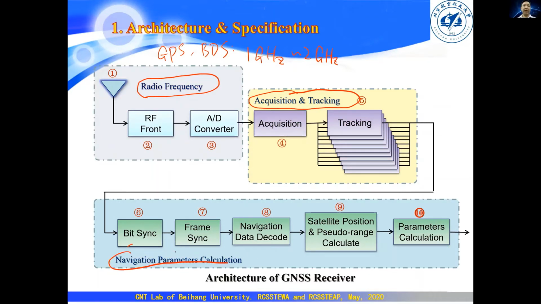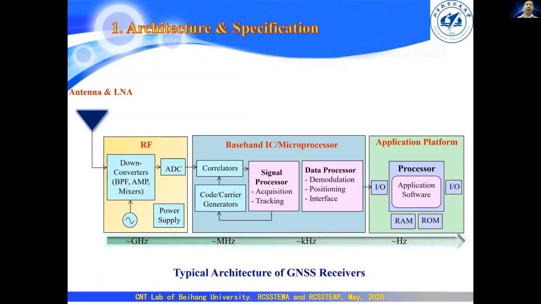These parts will make the receiver do the detailed calculations, for example, the data and the positions. So this is a typical GNSS receiver.